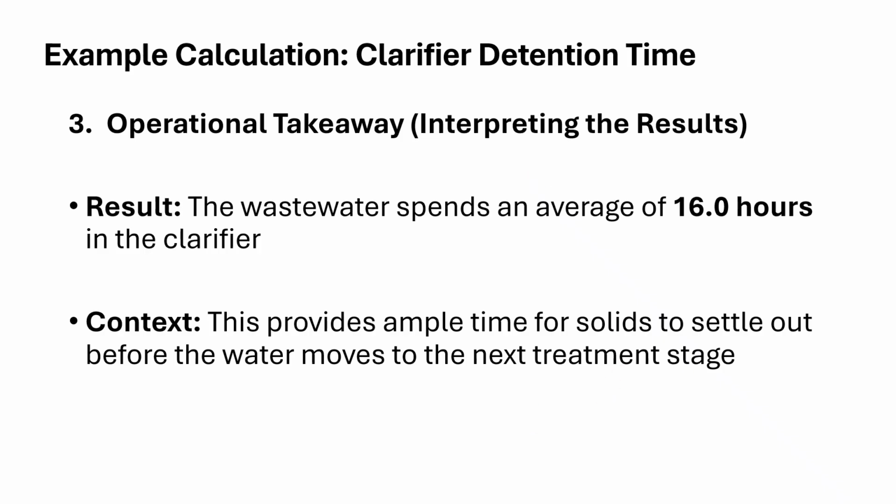That's enough time for the solids to settle out before the wastewater moves to the next treatment stage, so yes, it makes sense. If we came out with 120 hours, that would be too long. If we came out with 0.5 hours, that might be too short. So conduct a reality check by asking, does this make sense?